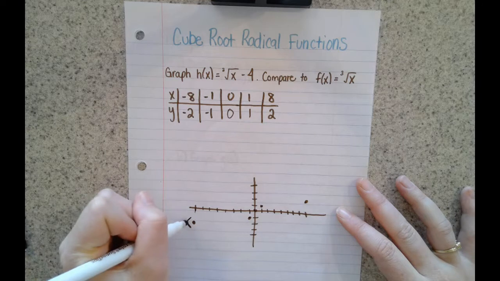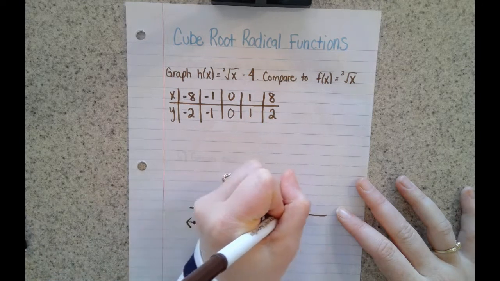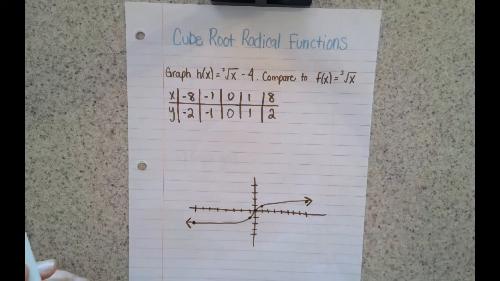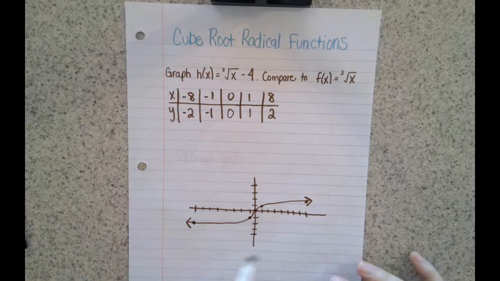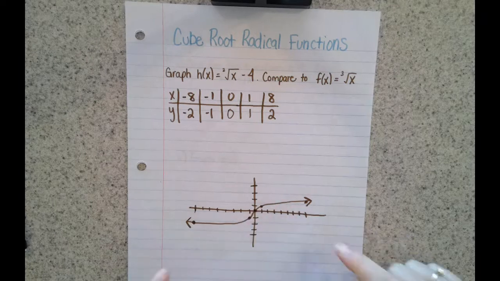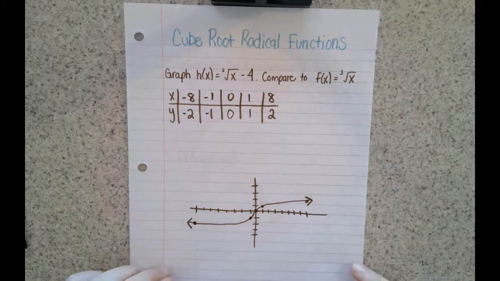This is going to be the shape of my plain Jane cube root parent function. Obviously, this shape is different than the square root function. We are allowed to have negative inputs as well as positives. That's why the shape continues with arrows on both sides, unlike yesterday.